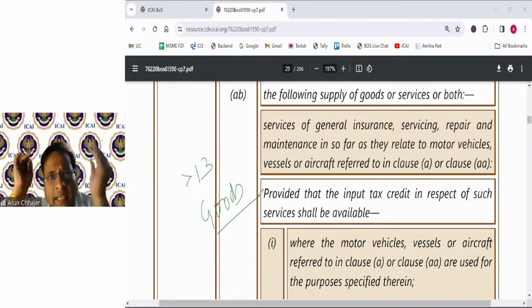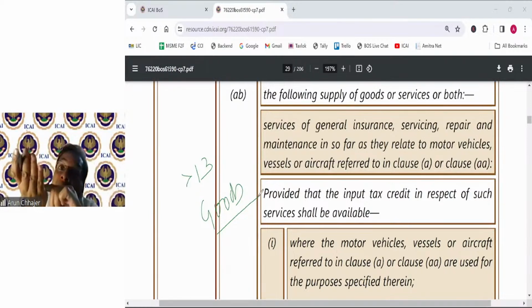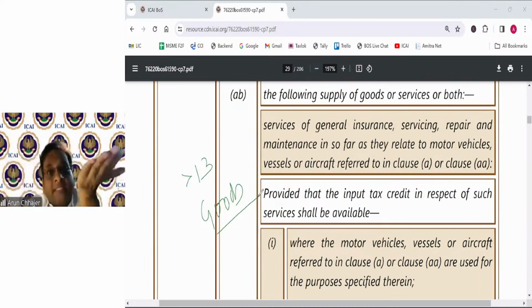The normal funda is, if the original car's ITC is allowed, you can take the ITC of the repair. If the original car's ITC is not allowed, you can't take the ITC of the expenditure. For example, you purchase a car for your director, up to 13-seater. Please note, the motor car is being used exclusively for the purpose of business.